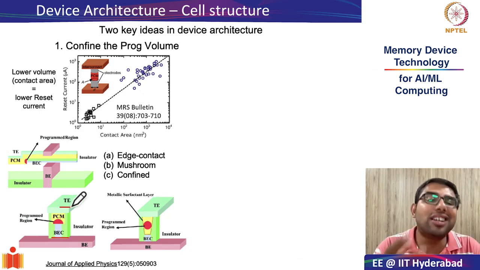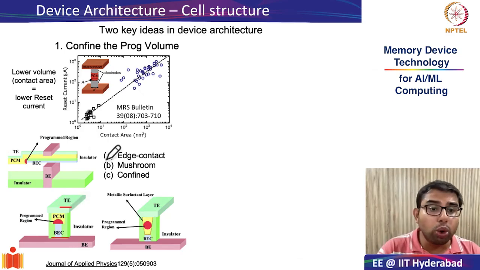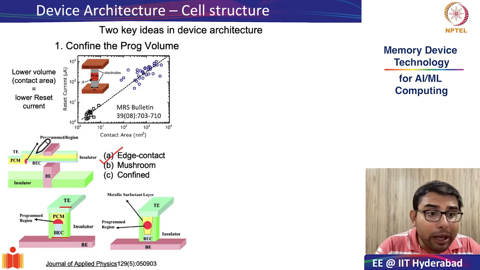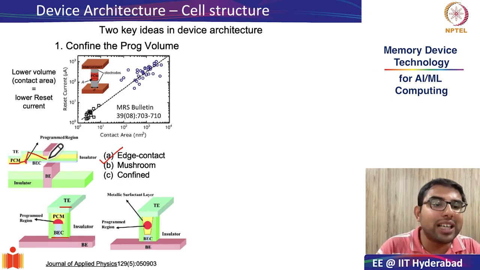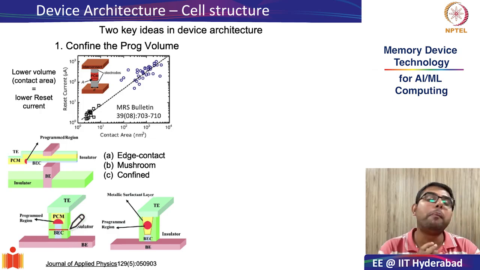And it actually turns out, in reality, if your only goal is to reduce the contact area, possibly the edge contact method is much better. This is because depositing this thin film of PCM is much easier than lithographically patterning the small bottom electrode contacts.